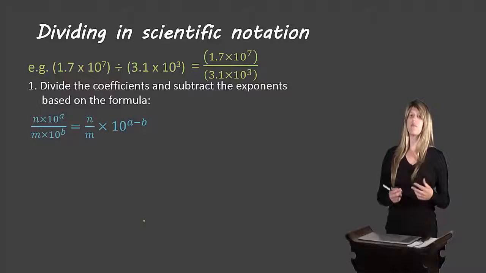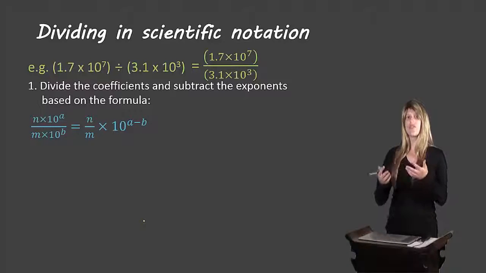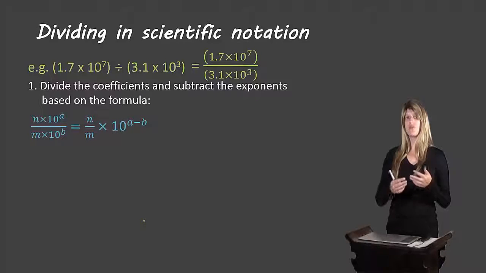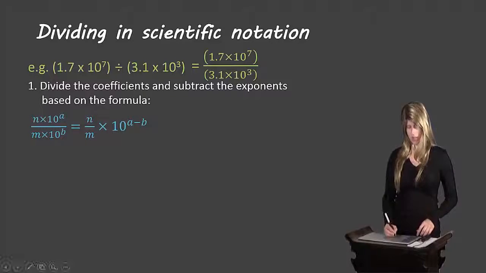So our first step is to use this formula, our first number as the numerator and then the second number as the denominator, and that's going to be equal to n over m, so we're dividing our coefficients, times 10 to the a minus b, so we're going to subtract the exponents. So this is how that would look.